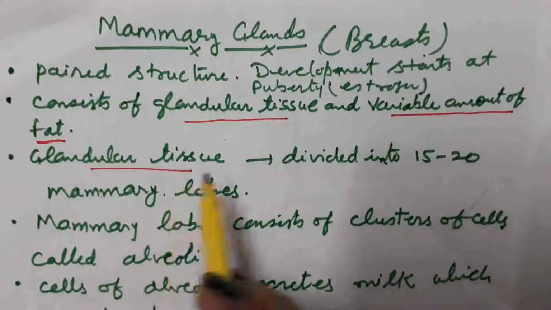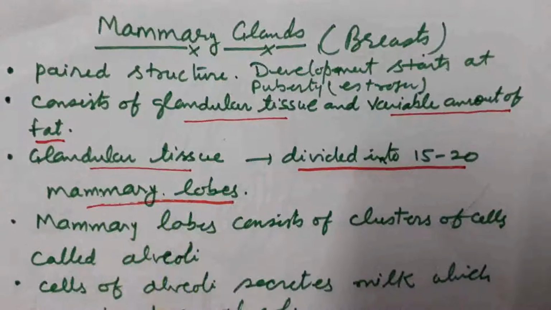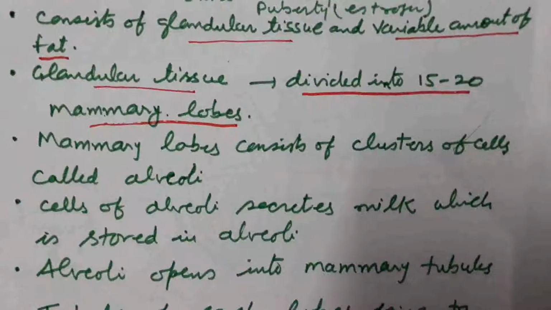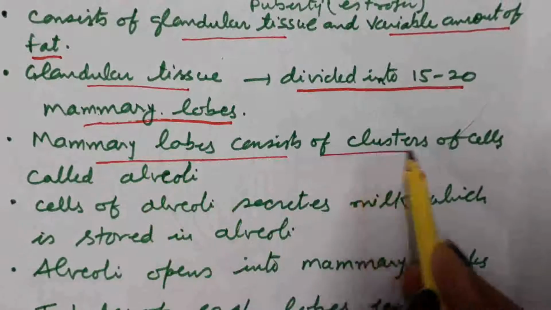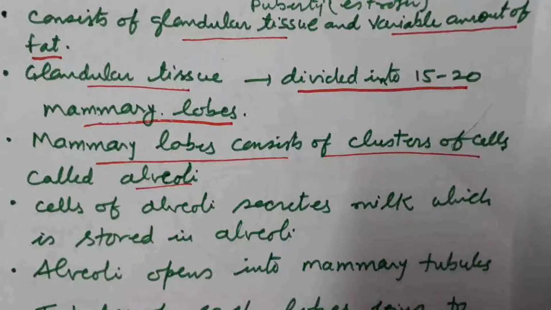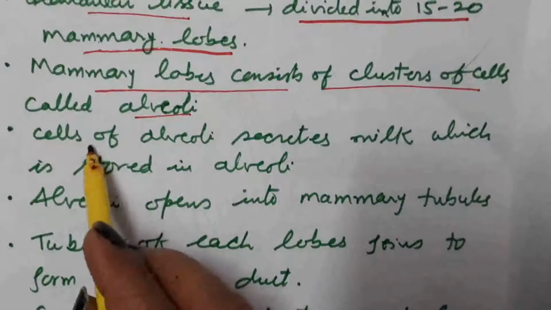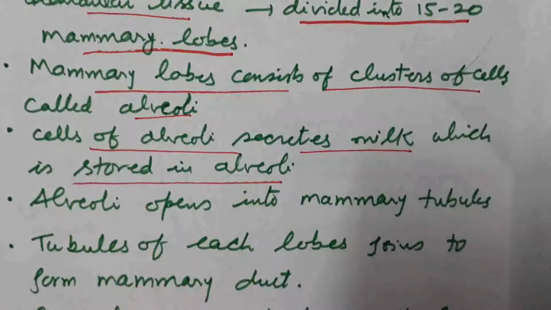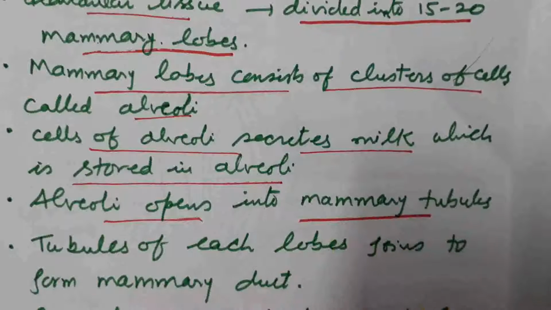This glandular tissue is divided into about 15 to 20 mammary lobes. Mammary lobes consist of clusters of cells. Groups of cells present in the mammary lobes are called alveoli. Cells of the alveoli secrete milk, and this milk is stored in the alveoli. These alveoli open into the mammary tubules.